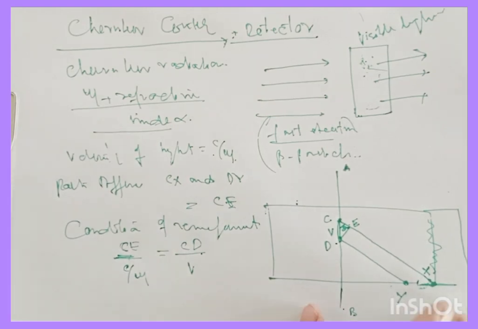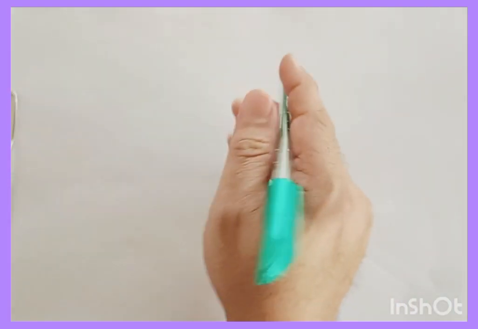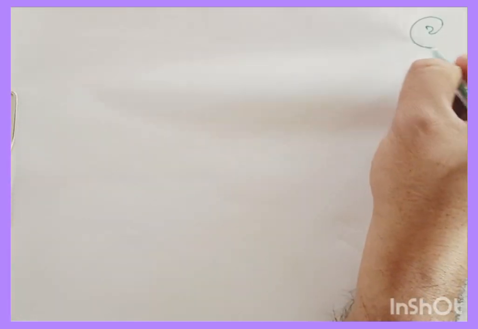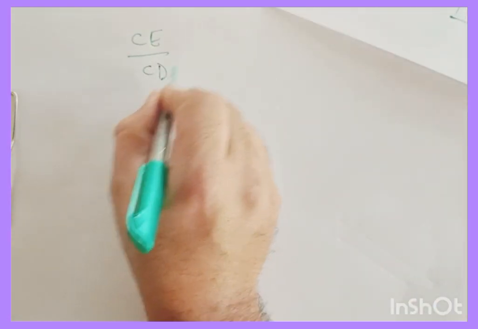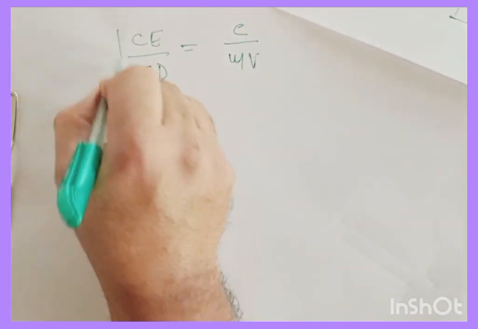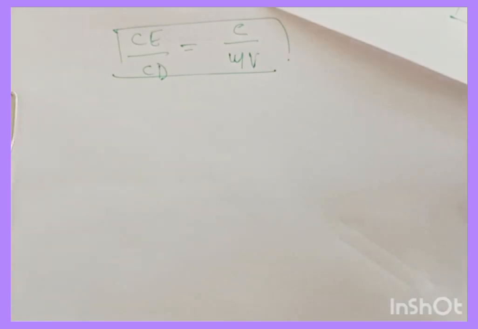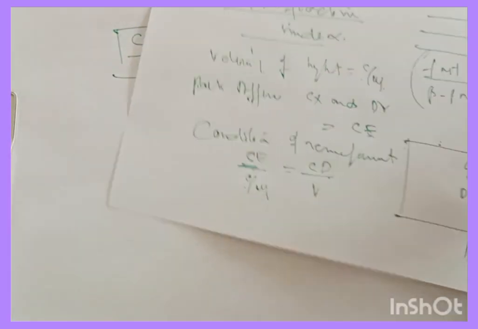So we can look at it in a pure geometrical way, and what we will have is CE by CD. That will be C by mu V. So I bring this CD down and take this C by mu up.